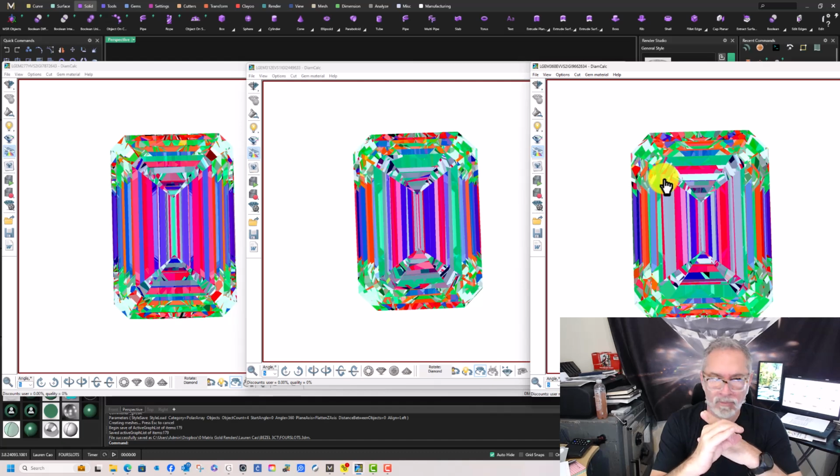White within these is indicative of light leakage, or what many would term windowing. It's when you can see through the facets of the diamond to whatever is behind the diamond, and it's annoying. A lot of people don't like it. Consumers don't like it. You'll read about it on the forums.